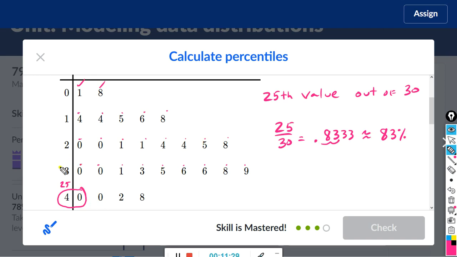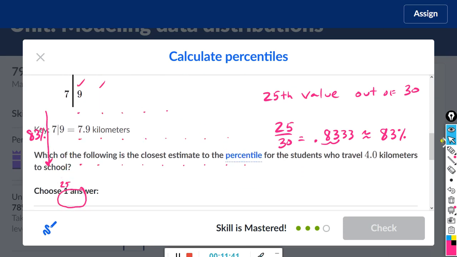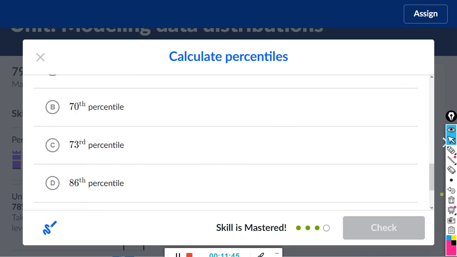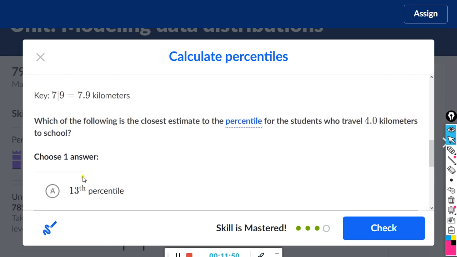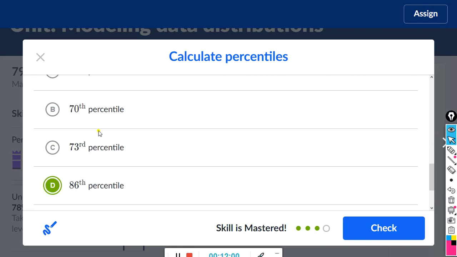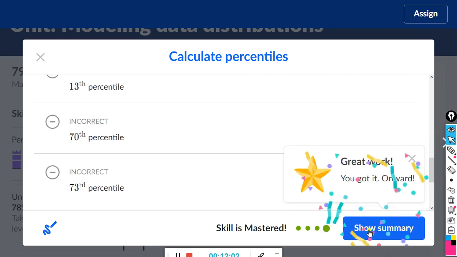So the 40 is approximately 83% of the way there. So it's roughly the 83rd percentile. Their closest answer is the 86th percentile. Part of that may be because there are 2 number 40s. I chose the lower one, but you could have chosen the other one as well. So 86th percentile, there you go.